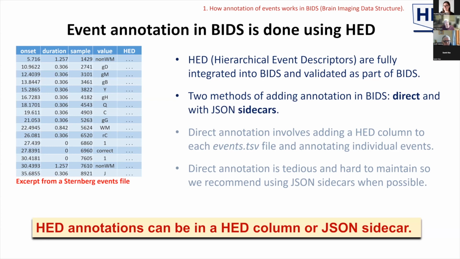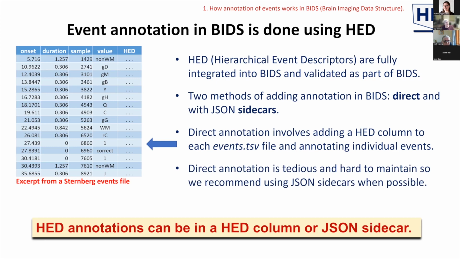Now, direct annotation, you put a HED column in the events file, and you annotate each event separately. And HED is one of the optional columns specifically mentioned in BIDS, but annotating the individual events is not a very attractive option. It's hard to maintain.